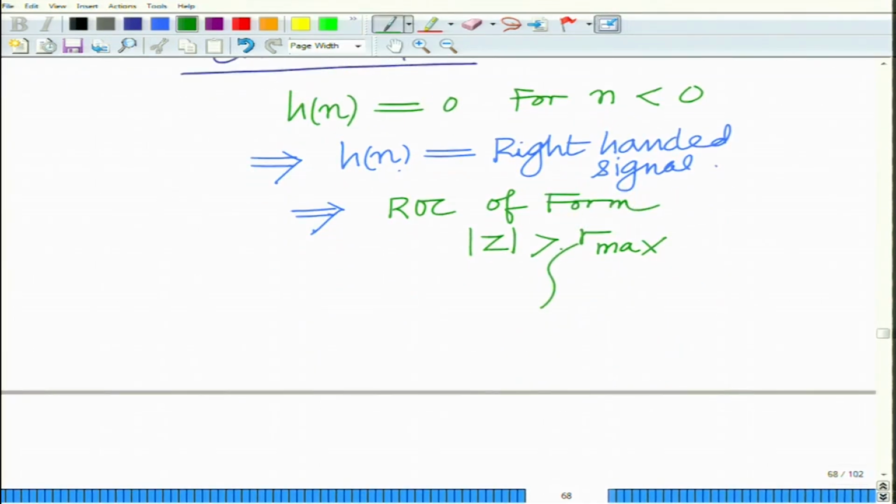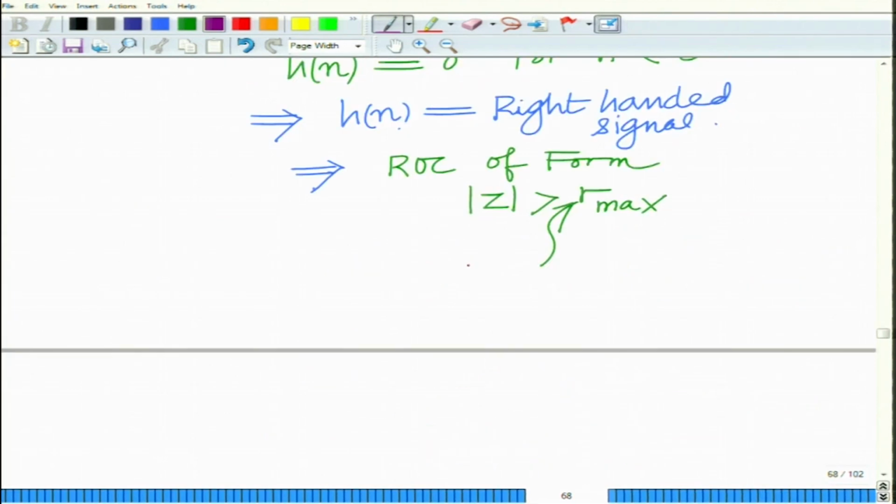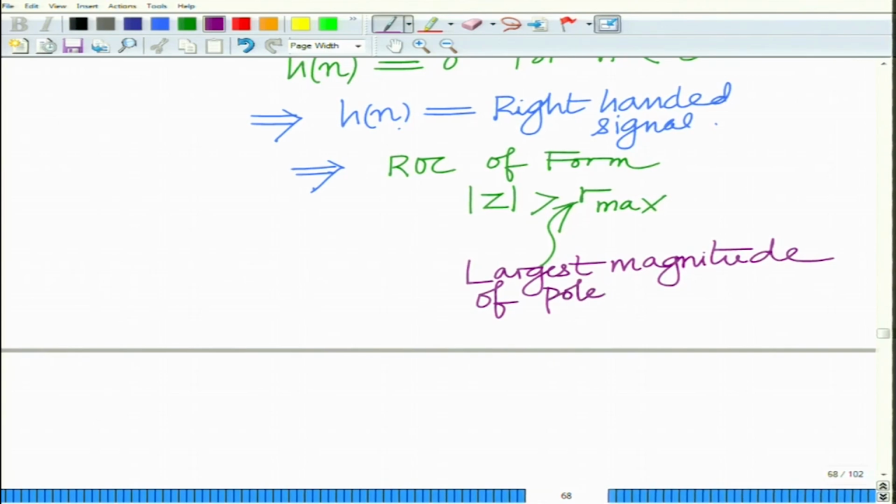Remember, from the properties of the ROC, for a right handed signal, magnitude of z must be greater than R max, where R max is the largest magnitude of the poles of H(z), the transfer function.